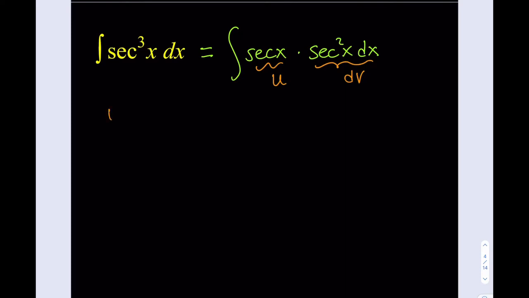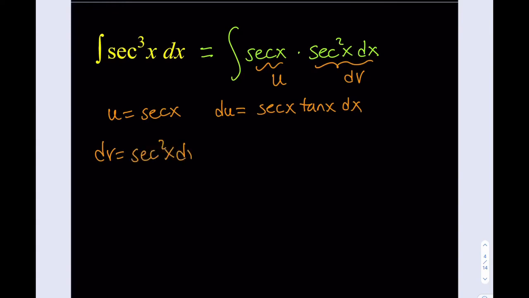Okay, cool. So let's write down what we have. We have that u equals secant x, which means du would be the derivative of this, which is secant x tangent x. We just talked about it. Don't forget the dx. And dv is secant squared x dx. By the way, if you're doing integration by parts, you have to make sure of one thing.